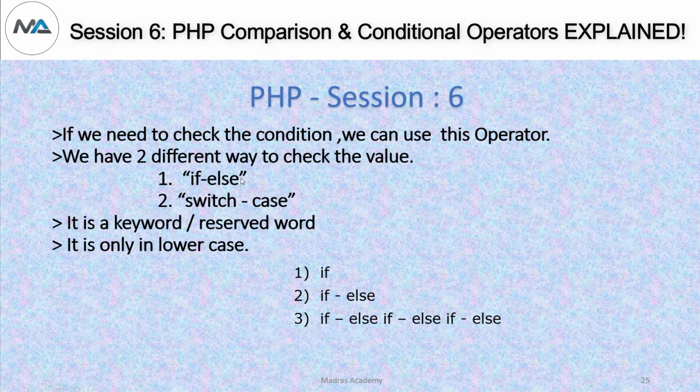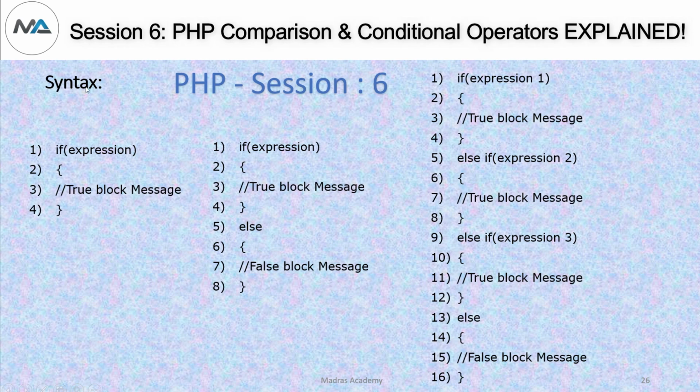Now we'll see the syntax for that. Here, see, if expression. If the expression is true, that is, your condition is true, it will automatically enter into this true block. I have not written a false block, so it won't print a false block message in this syntax.